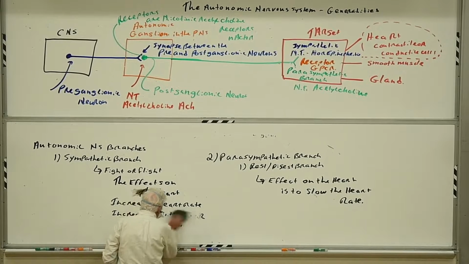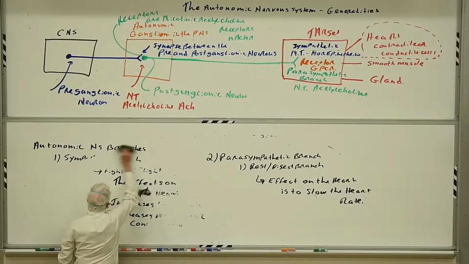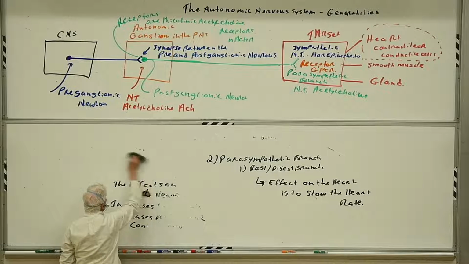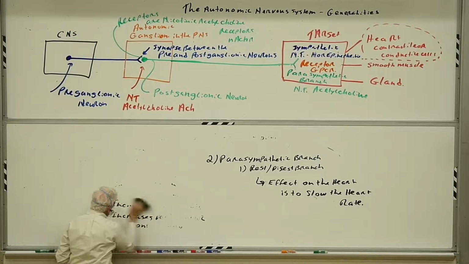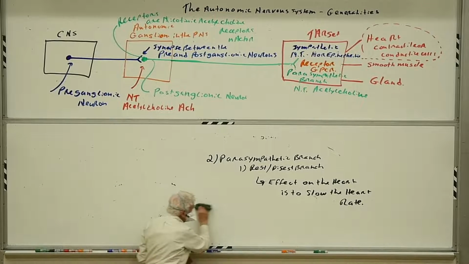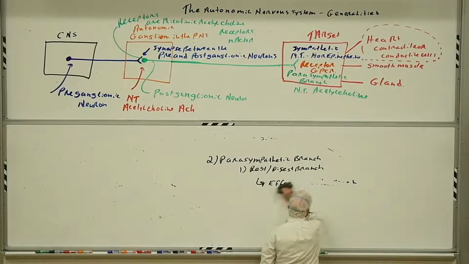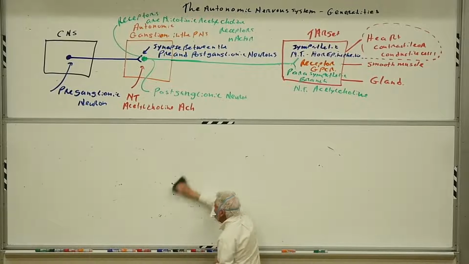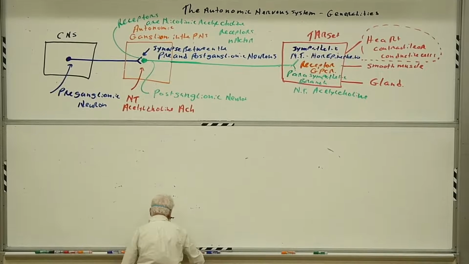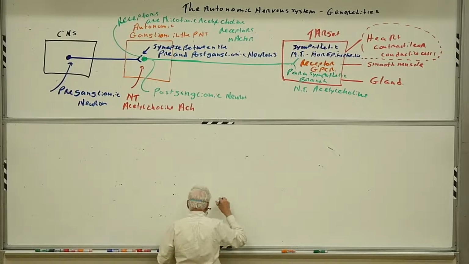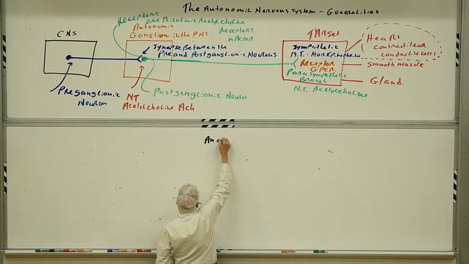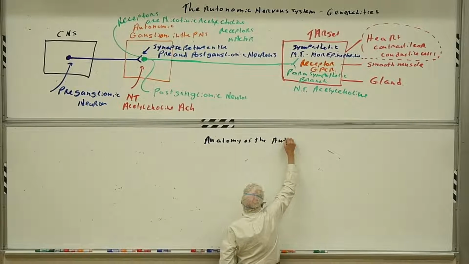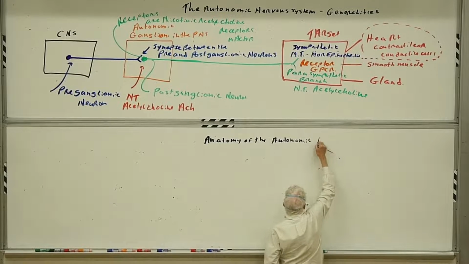Okay, so let's now think about the anatomy, the autonomics. Okay, now let's start this panel here and talk about the anatomy of the autonomic nervous system.